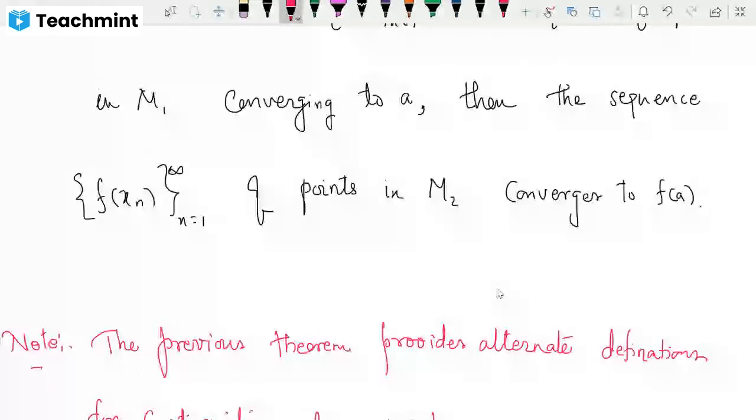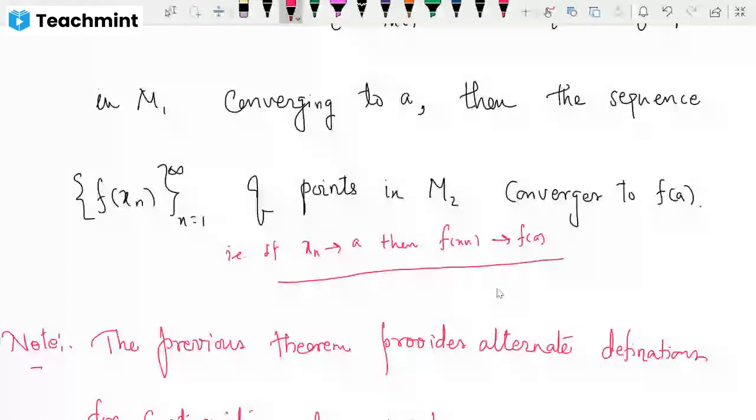You can alternately write this third condition as: if x_n converges to a, it should imply that the sequence f(x_n) converges to f(a). So this is the definition of continuous function at point a.